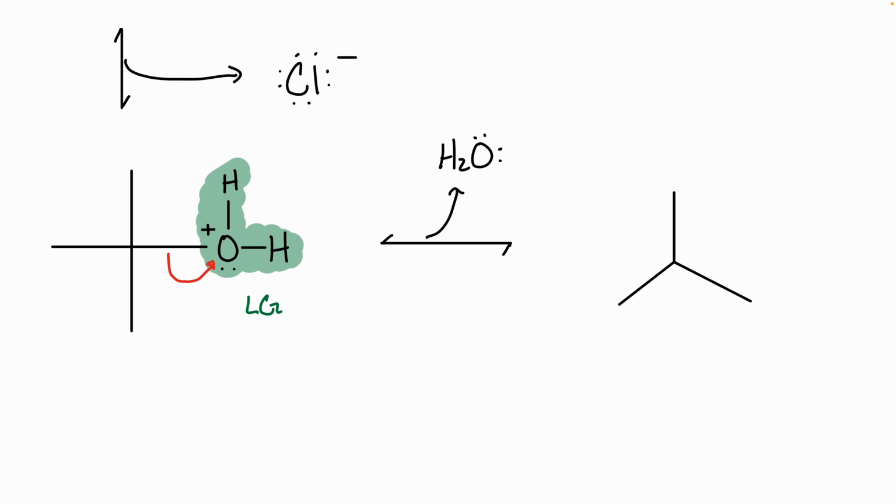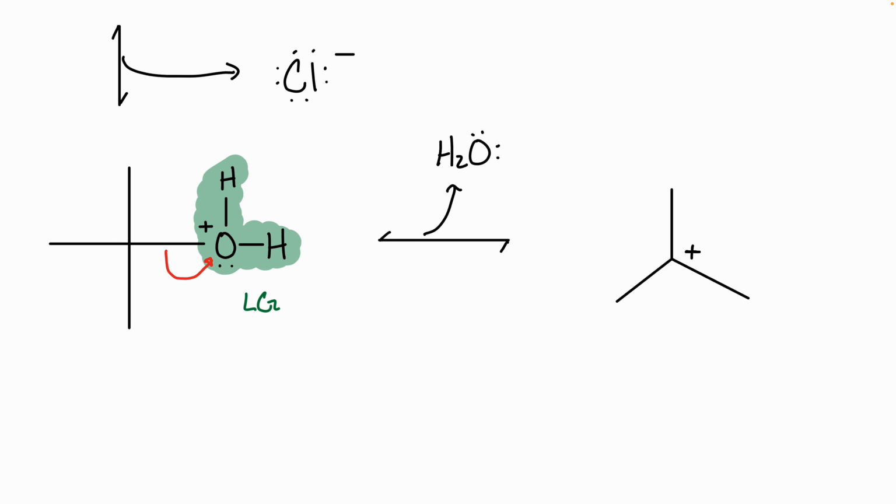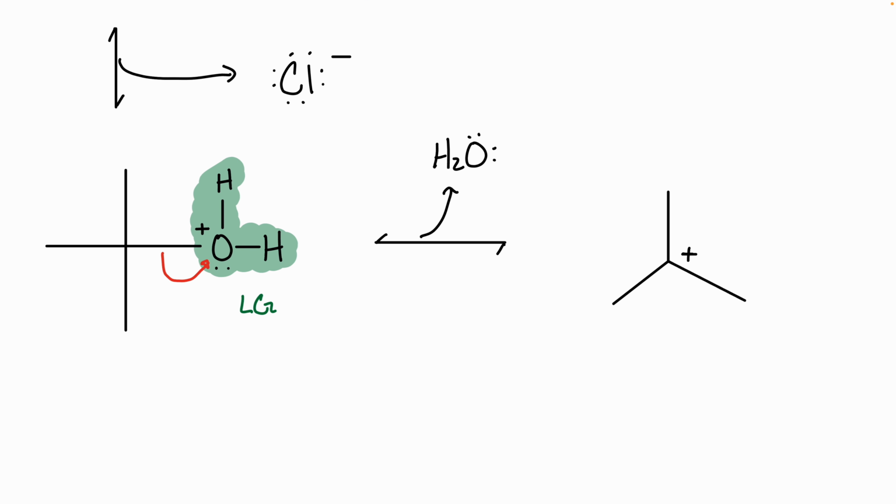So does it have a complete octet? No. Remember, that's our carbocations, those incomplete octets. And so why does that leaving group just fall off? We form this carbocation here, but what do we know about tertiary carbocations? They're the most stable, right? So specifically for tertiary alcohols, we will get this mechanism here where we get a tertiary carbocation.